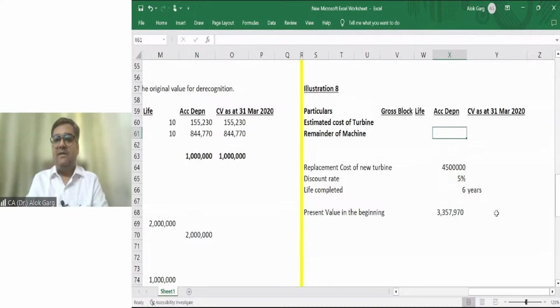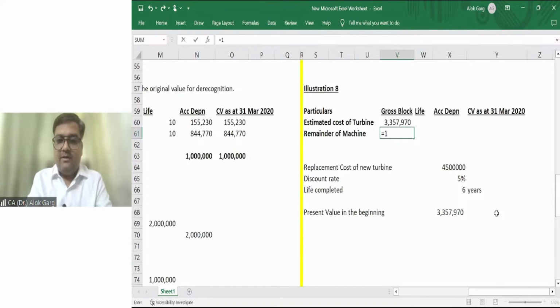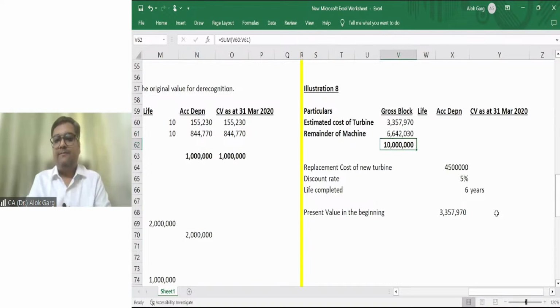This is my estimated cost of the turbine in the beginning. Now, what is the remainder of the machine? The total value of the machine is 1 crore, so 1 crore minus this 33 lakh 57,970, that is 66 lakh 42,030, right?